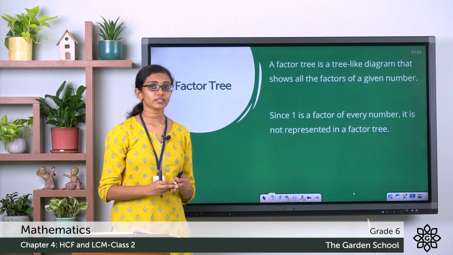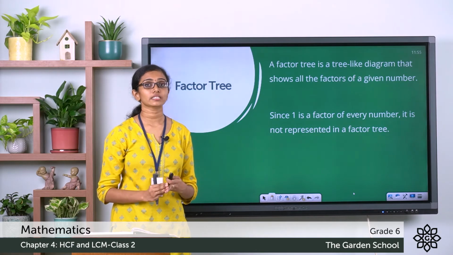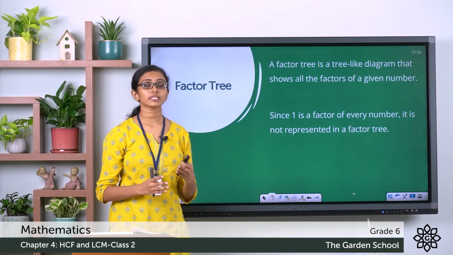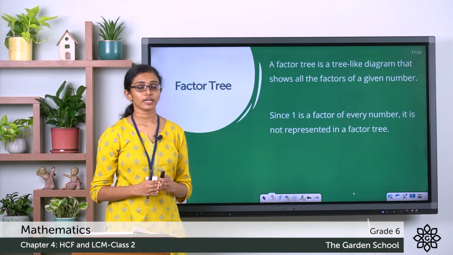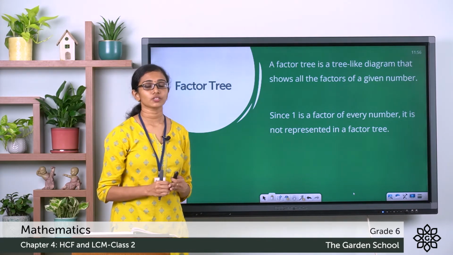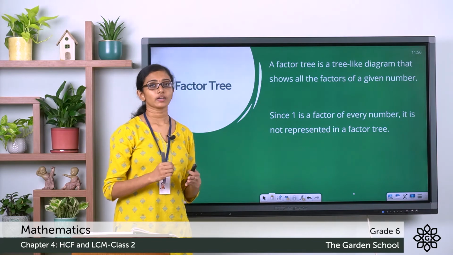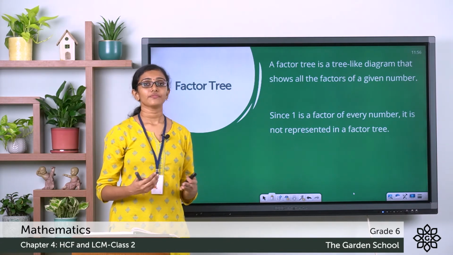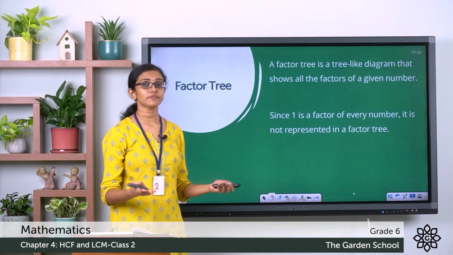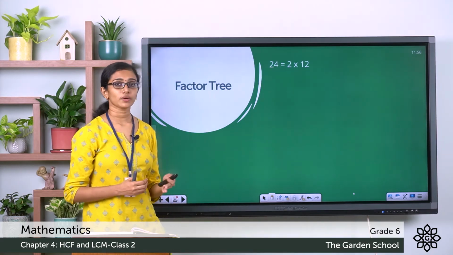And in prime factorization, we need not consider 1 because 1 is neither prime nor composite. So when you are doing prime factorization of a number and drawing its factor tree, you don't write 1 in the factor tree.